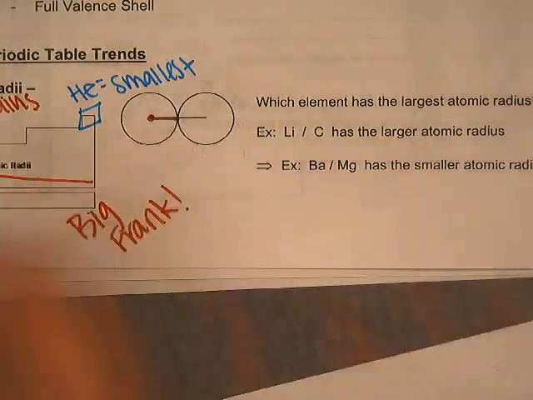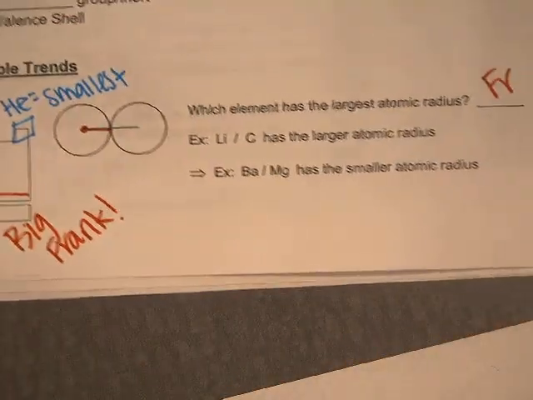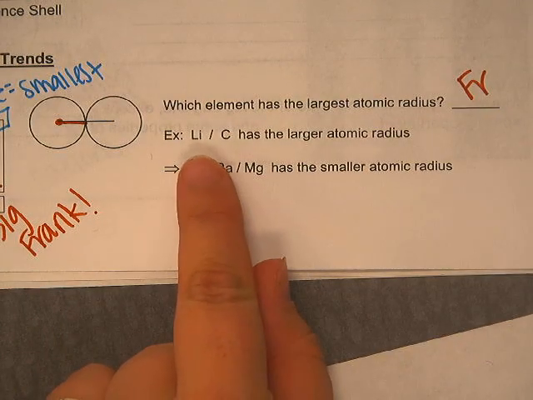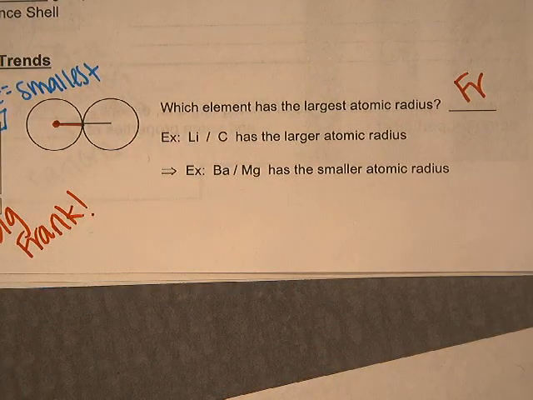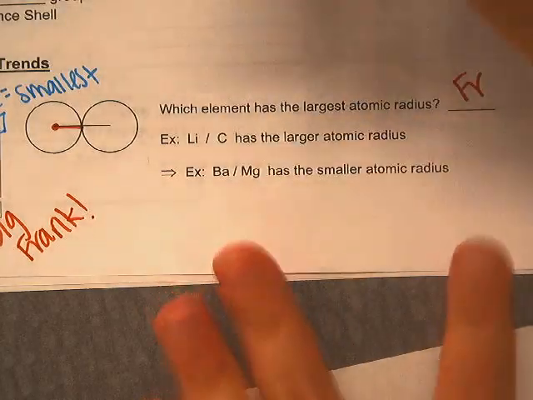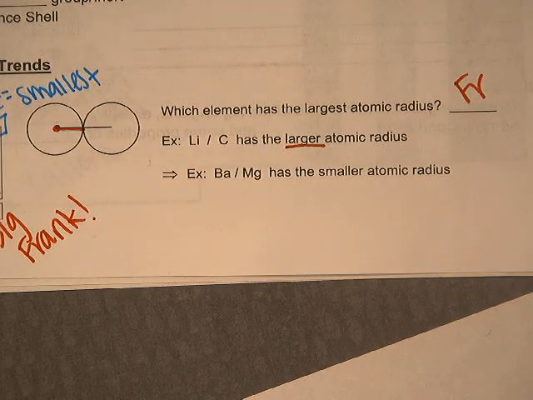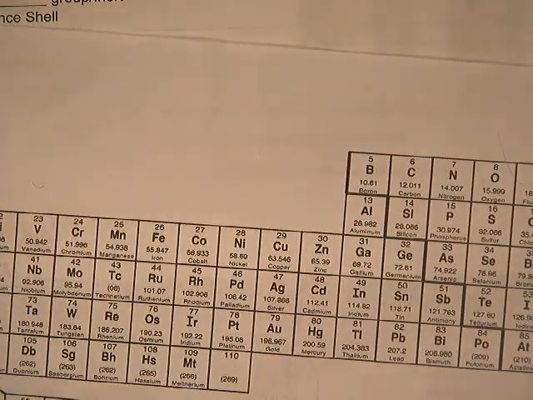And then on any quizzes or tests or assessments that we have for this unit, there will definitely be some kind of comparative questions. So if I'm looking between lithium and carbon, which one has the larger atomic radius? Larger atomic radius would mean that I am closer to Big Frank. So which one, lithium or carbon, is closer to Big Frank?